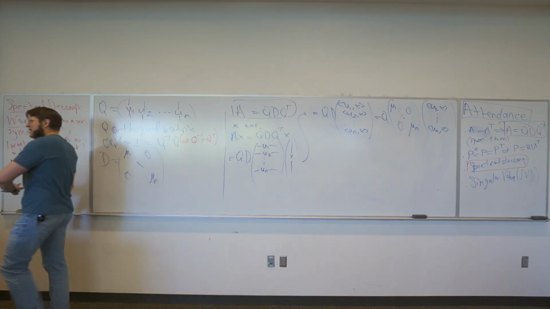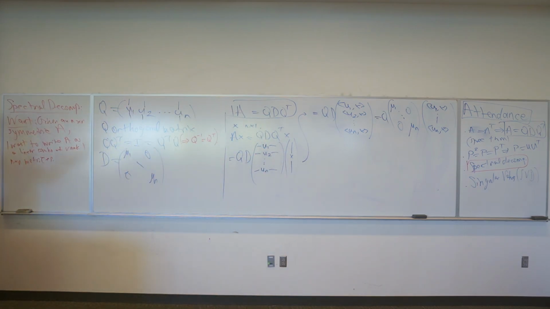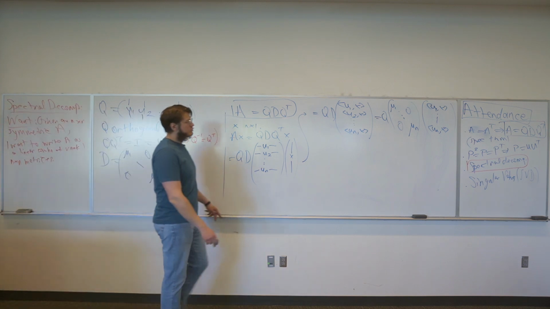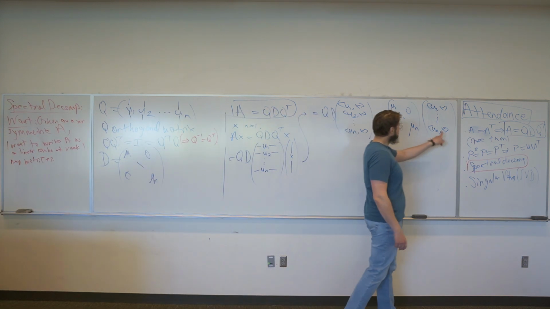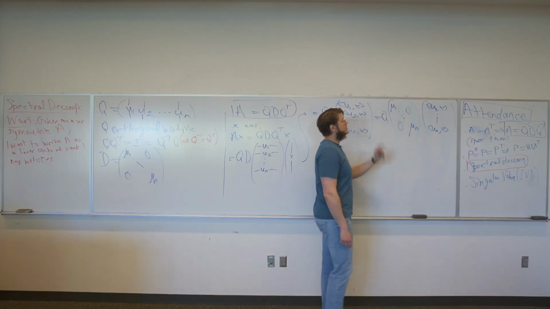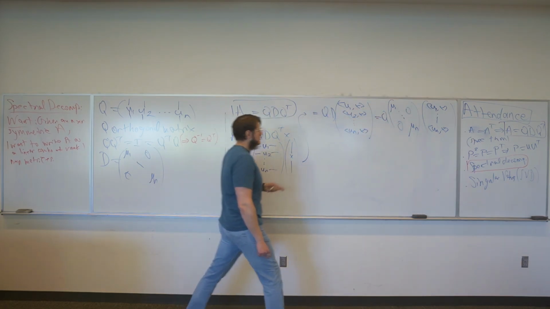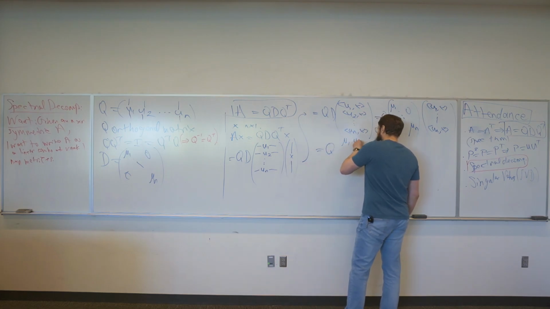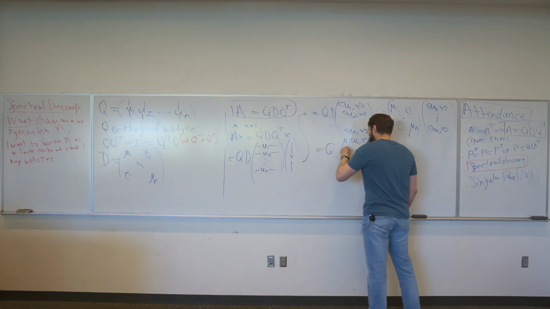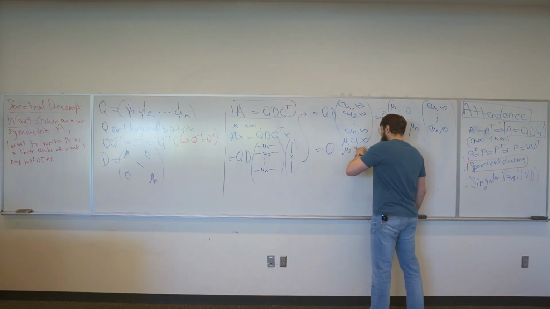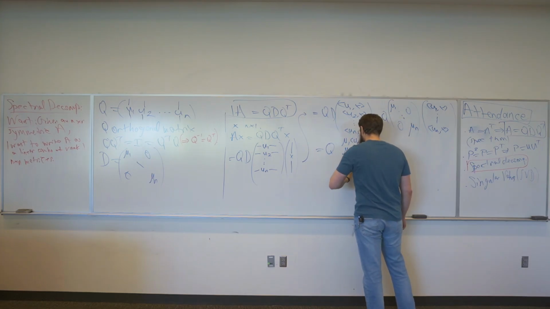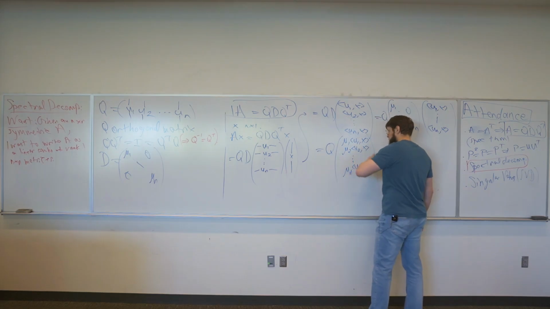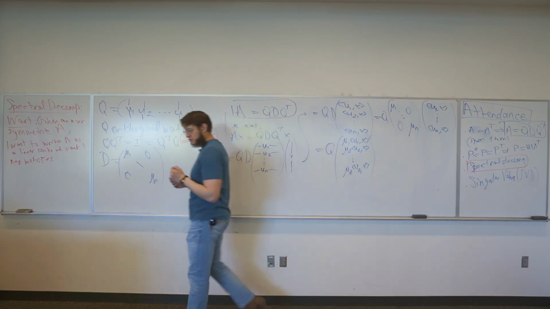Left multiplying by a diagonal matrix corresponds to scalar multiplying a bunch of rows, right? And so if I do this product, it gives me mu1 times u1 against x, and so on.